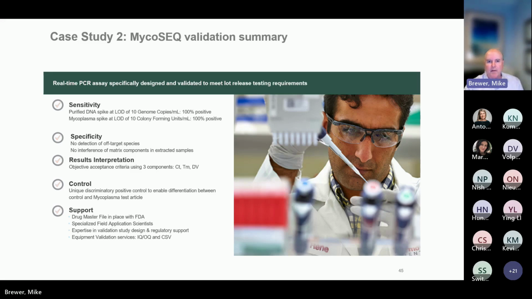In the summary of that, about 80 samples were tested in comparability, done at 10 CFU per mL or less. Of those samples that contained enough Mycoplasma to be detected by either method, 38% of them failed to detect Mycoplasma with the compendial test, but 100% of them were detected by the MycoSeq assay.